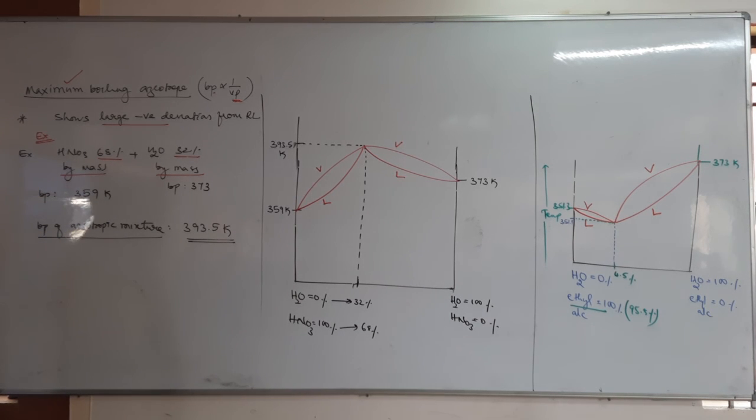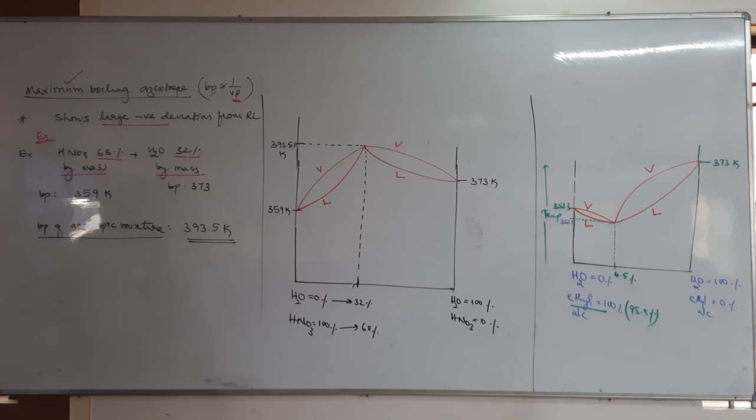Okay, ready. Maximum boiling azeotrope. The solutions which show large negative deviation from Raoult's law can form maximum boiling azeotrope.